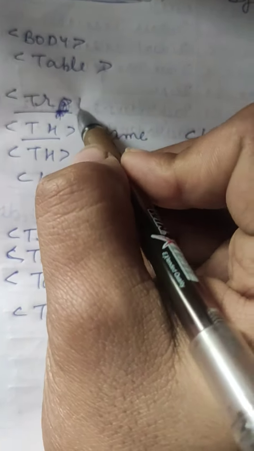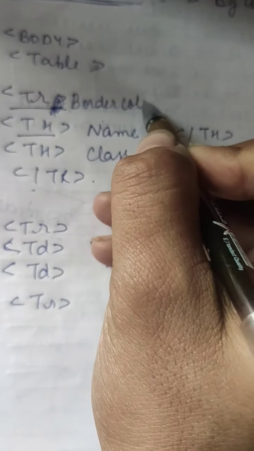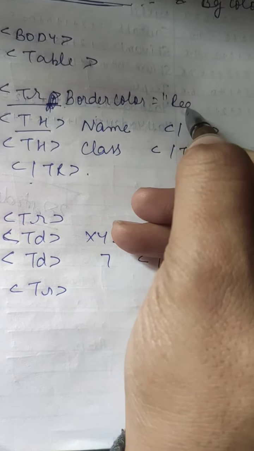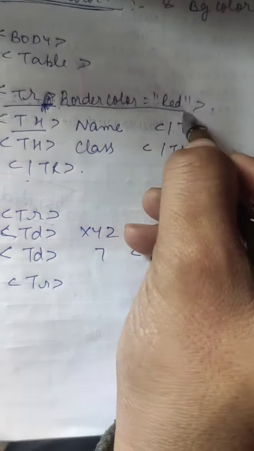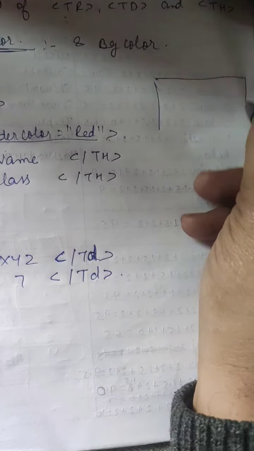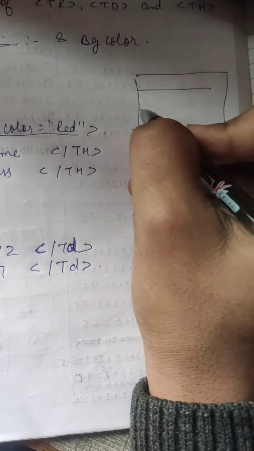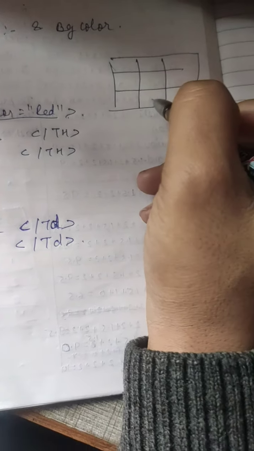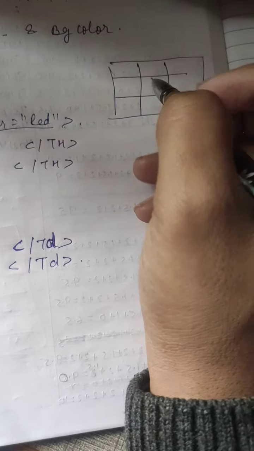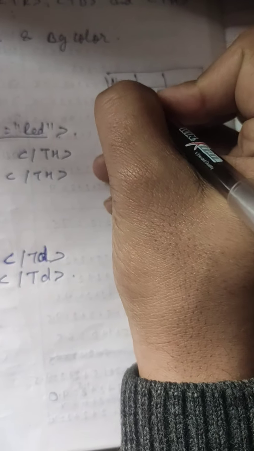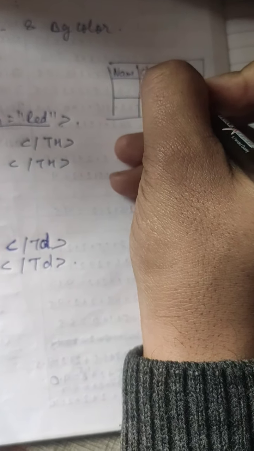So how will we write it? Border color is equal to, suppose I give red. Now the border color will be red. Suppose this is a name, this is our class.